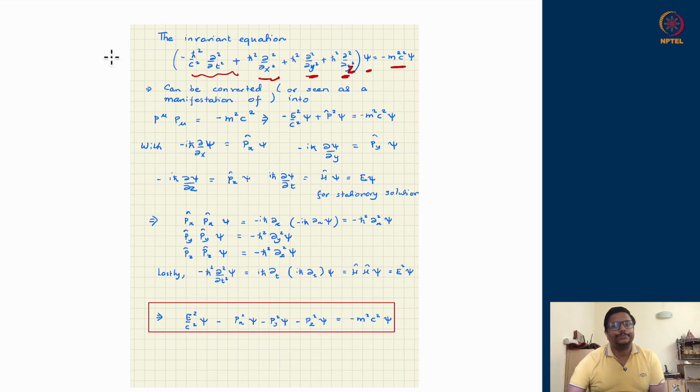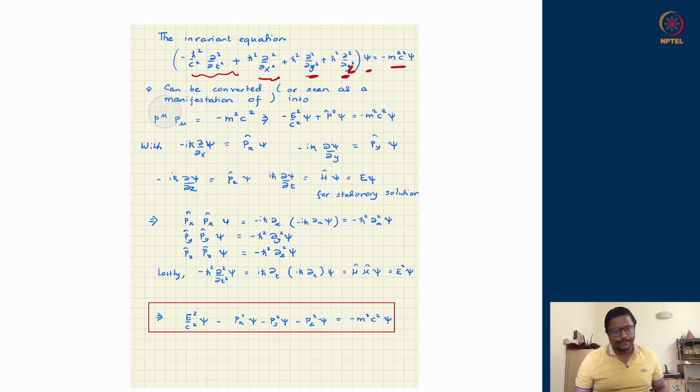So therefore, we can think of looking at this equation as the manifestation of the invariant equation p mu p mu is equal to minus m square c square. Remember, in special relativity, we learned that p mu p mu is supposed to be minus m square c square. This is invariant because of its contraction, upper index, lower index repeated and summed over.